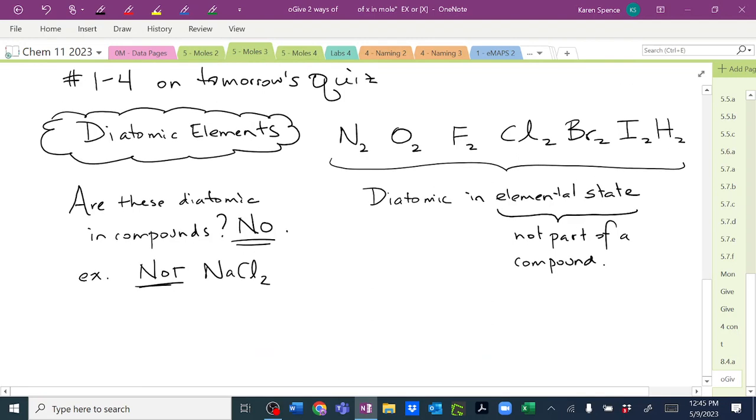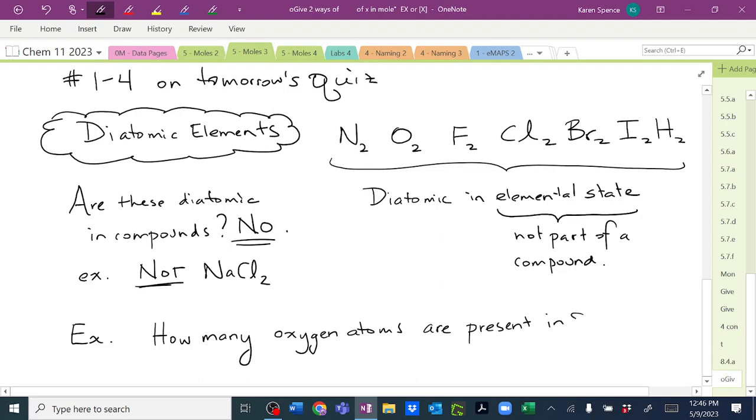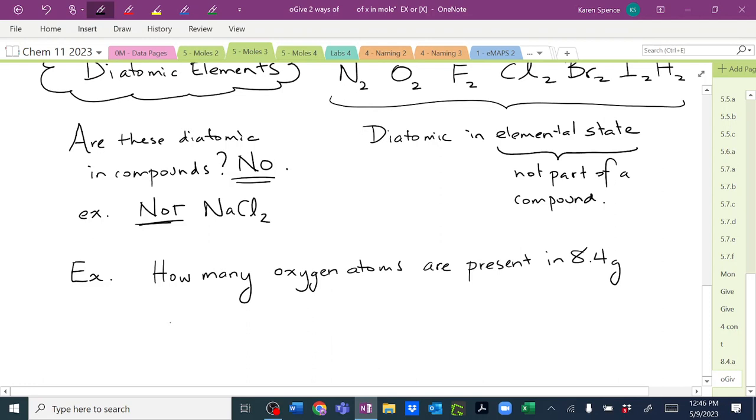We might have, for example, how many oxygen atoms are present in 8.4 grams of elemental oxygen?